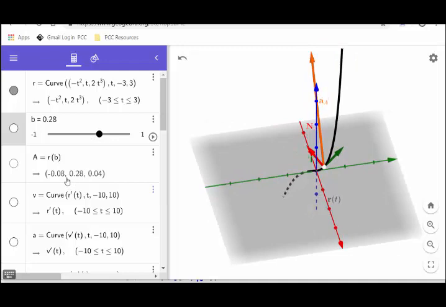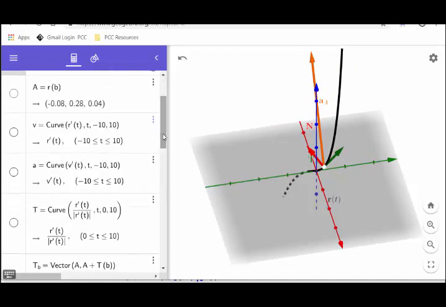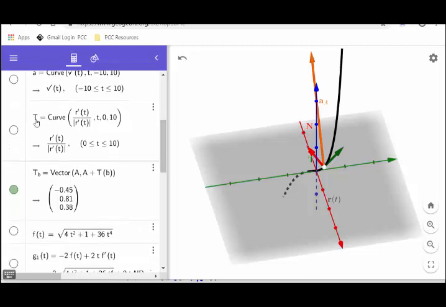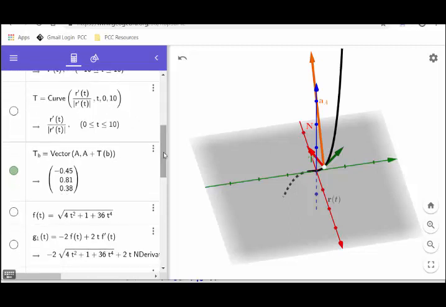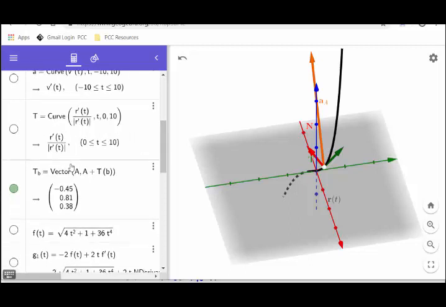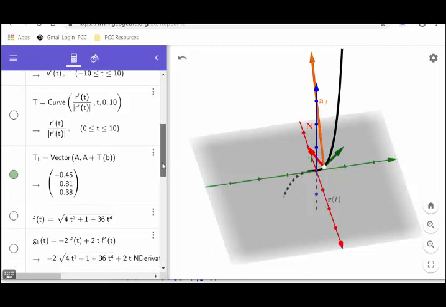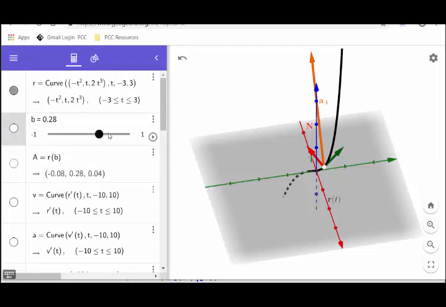There we go. And I've then gotten my velocity function and my acceleration function by taking the derivatives of my position function. And for my tangent vector, it's actually going to take a couple of steps. I'll let you look at this on your own for the details. But essentially we have to get the unit tangent function itself, and then the unit tangent vector at a specific b value from the slider above.